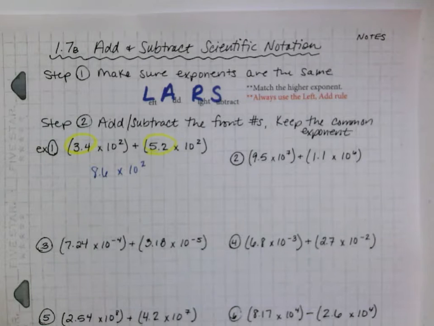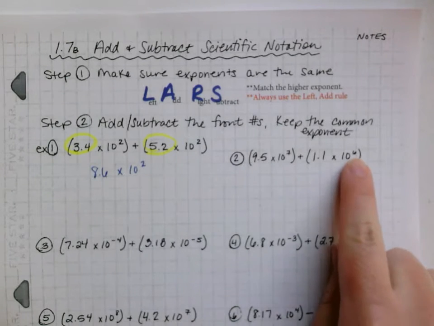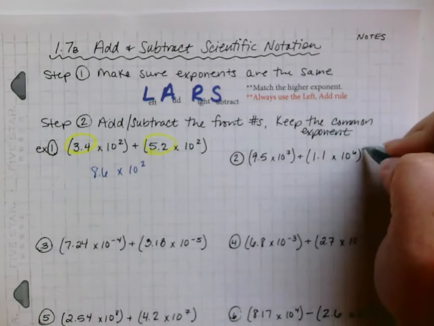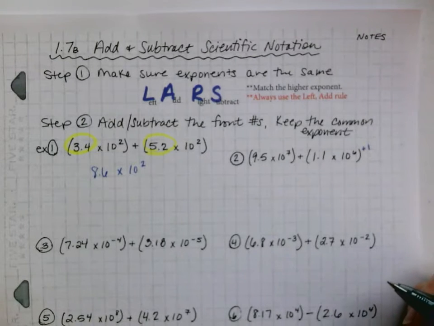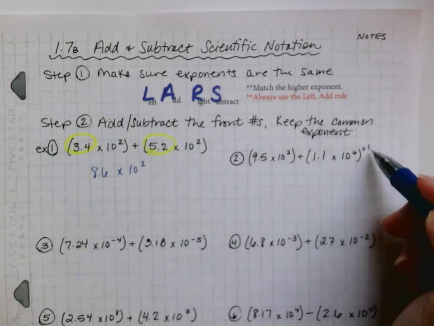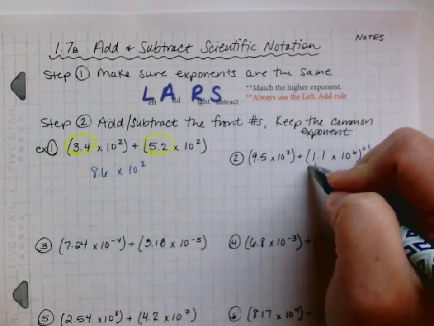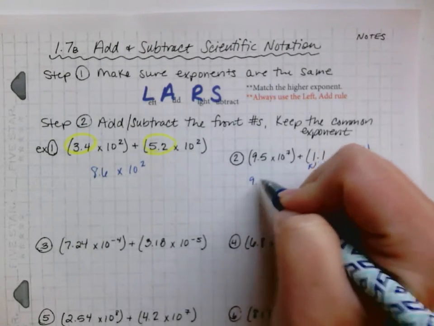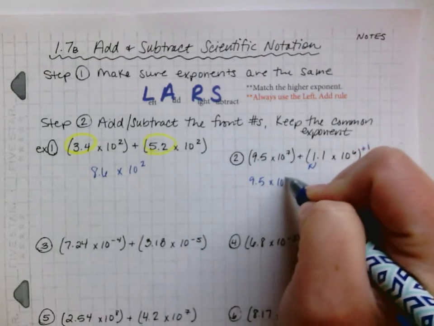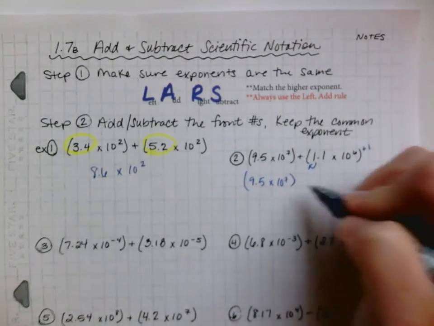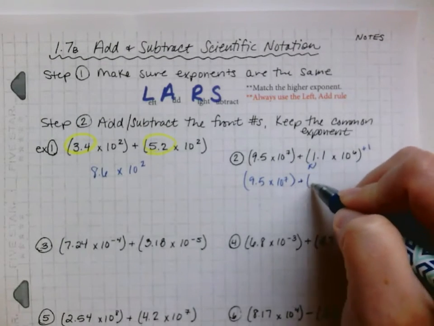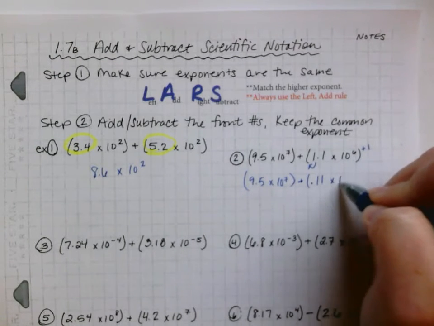So in number 5, right now we see that we have a 7 and a 6. So what I want to do is take this 6 and add 1 to it so that it becomes a 7. And if I add 1, then I need to move the decimal to the left once. So this problem becomes, the first set of scientific notation doesn't change, but the second one becomes 0.11 times 10 to the 7th.